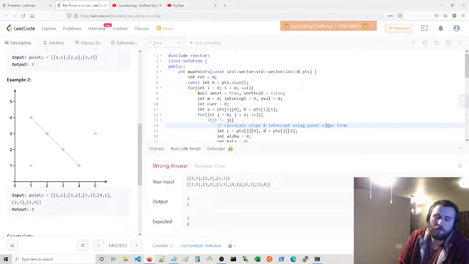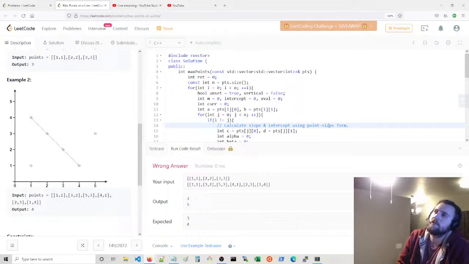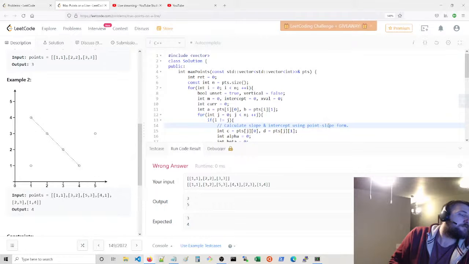while you're grabbing 2 points and creating a line, and then you're looking at all the other points. Well, it's true that if you look at the first point, any of the ones that are on the same line. Yeah, I think I'm right on this. So 5, 3.